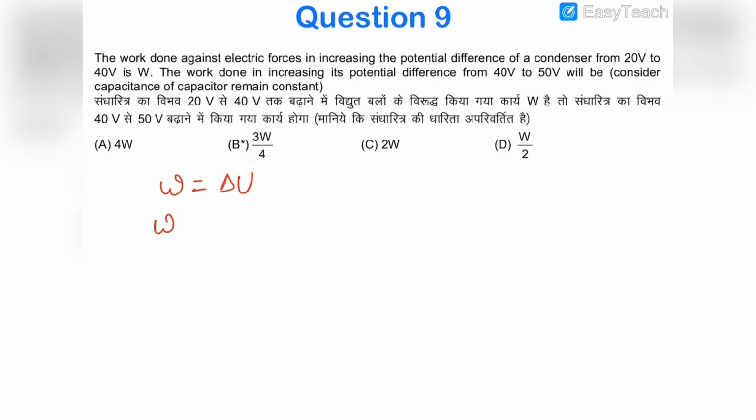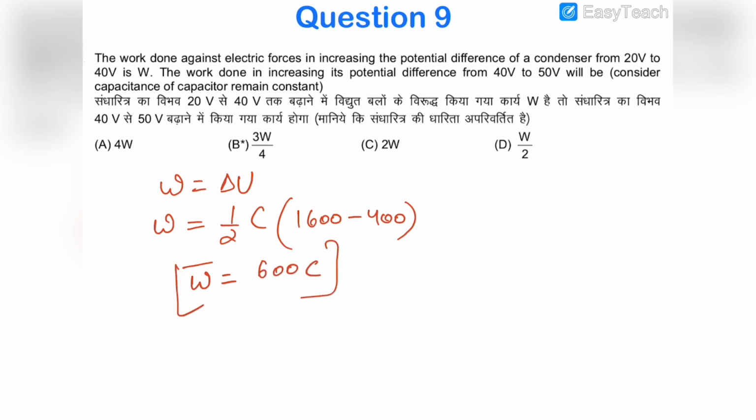So work done is delta U, and delta U is half C, and initially we have increased the voltage from 20 volt to 40 volt. So this is 40 square is 1600 and 20 square is 400. So W is equal to 600 C.